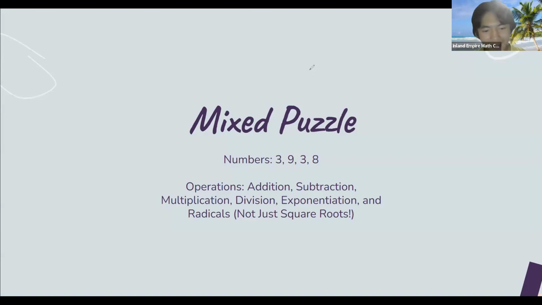Looks like we're all a little stuck. So I'm gonna give you a second hint. Three times 9 equals 27.